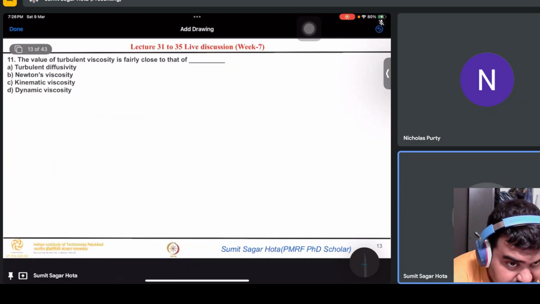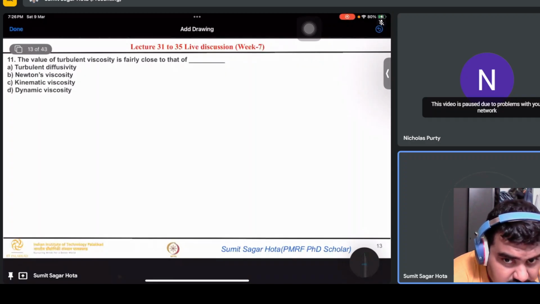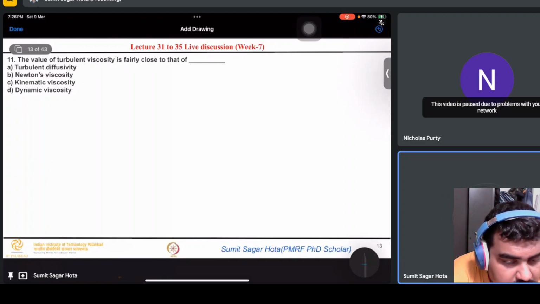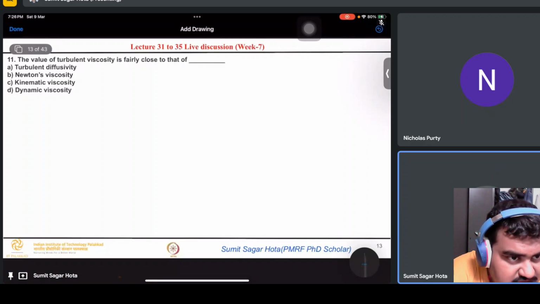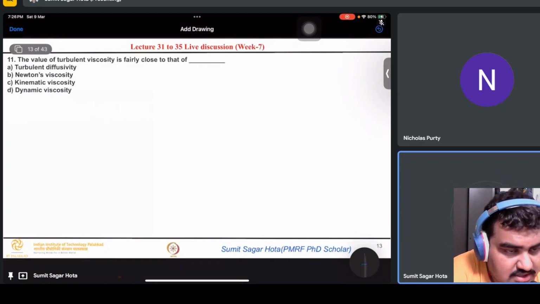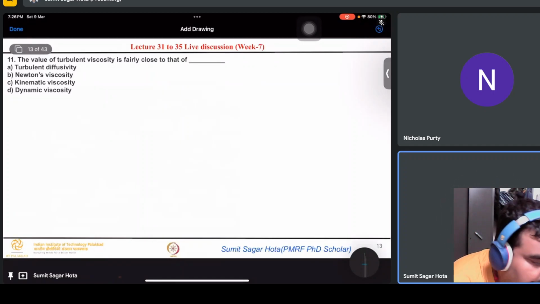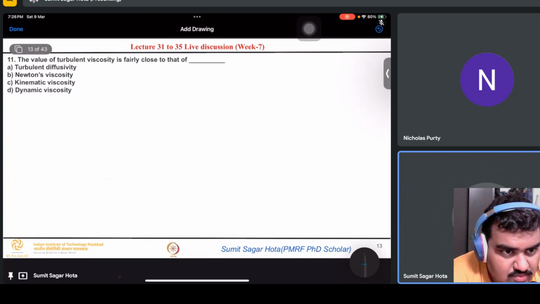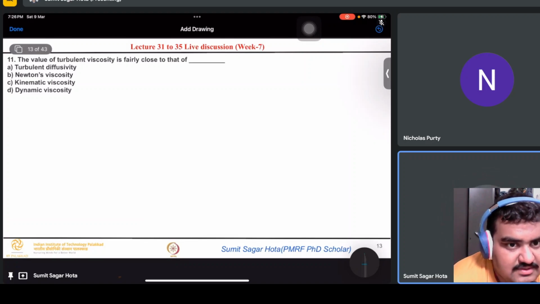Obviously, if you see the options, all are viscosity given, so viscosity cannot be an option. Obviously, you know very well turbulent diffusivity and turbulent viscosity are very close to each other.